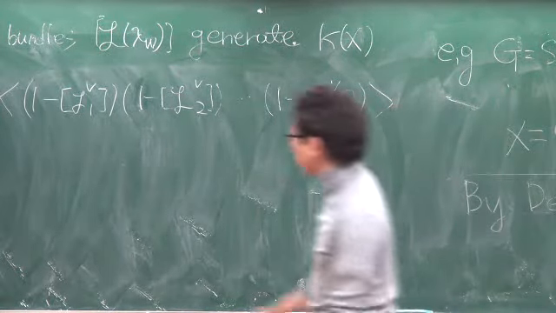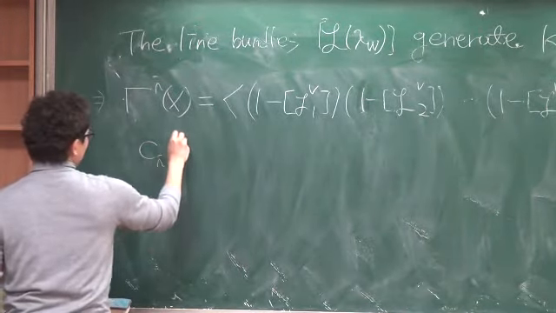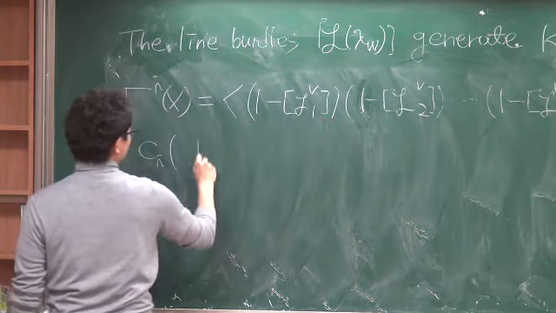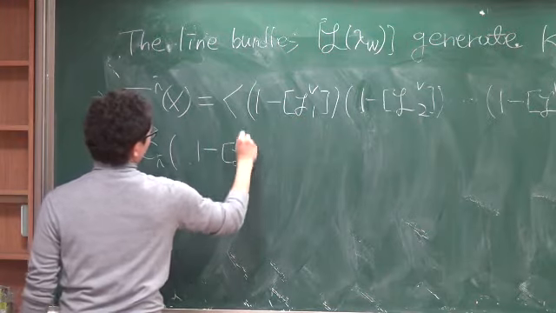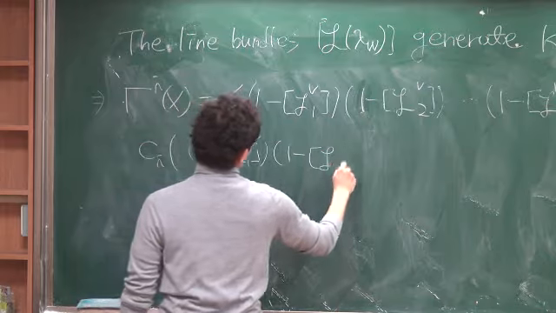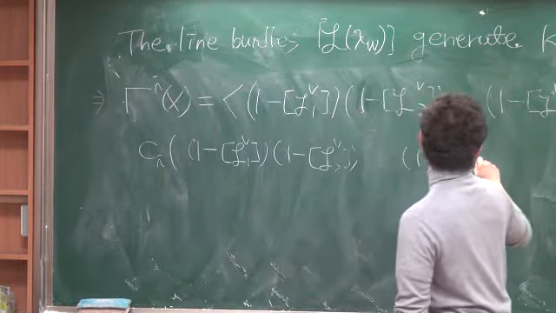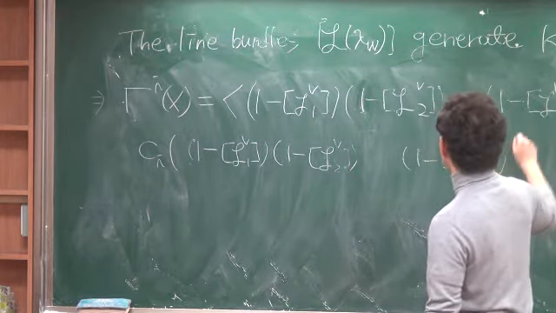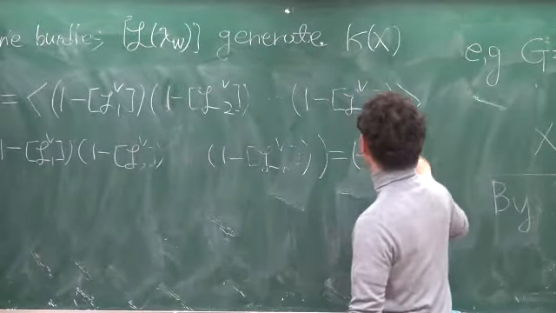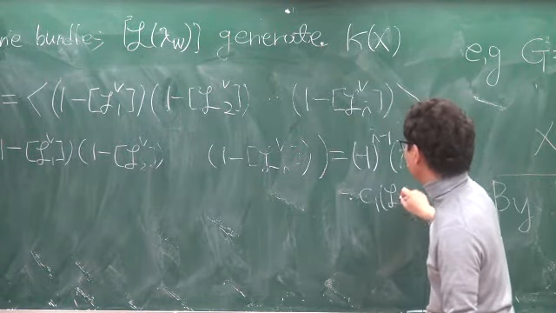And moreover, by Lemma Locke, the i-th Chern class map sends this element to minus one to the power i times the first Chern class of line bundles.